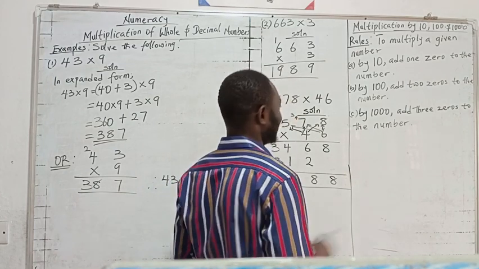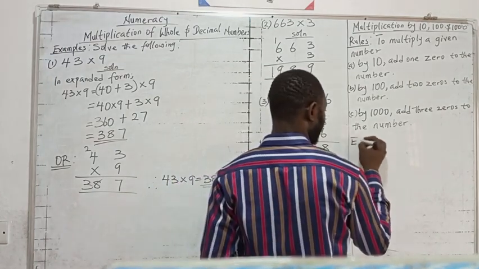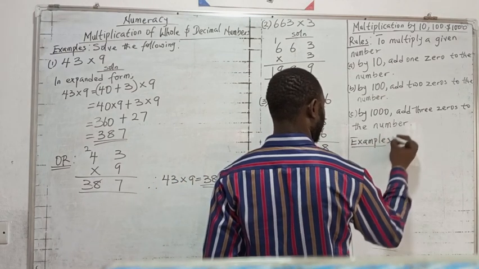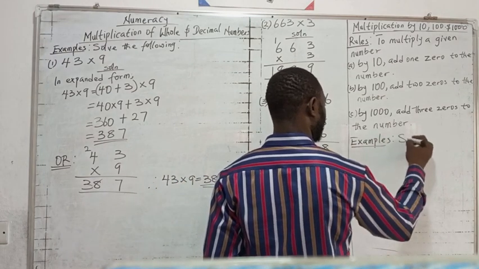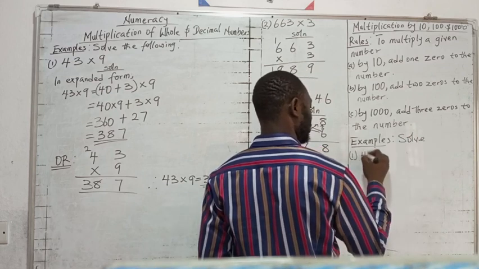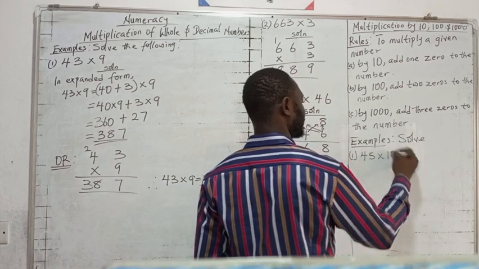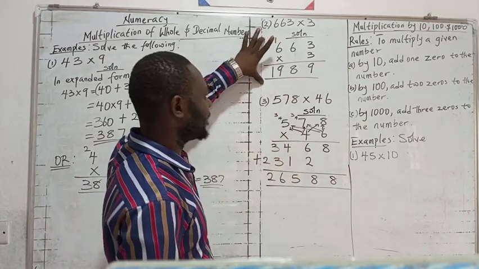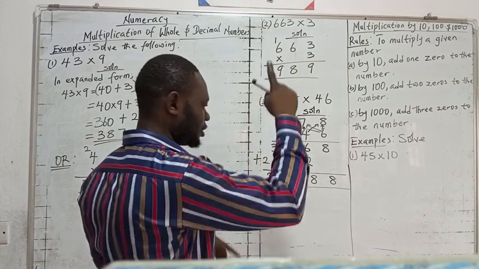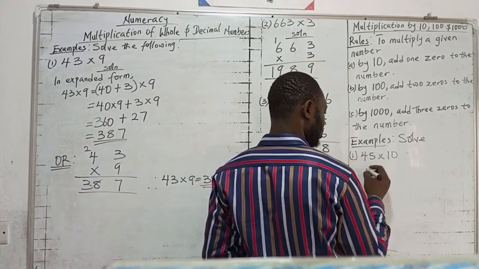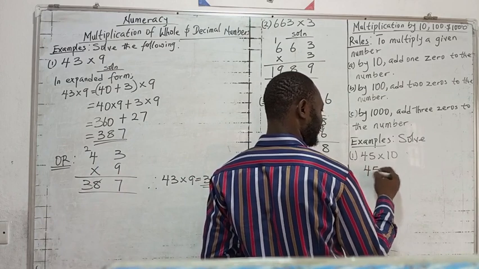So let's look at this. Examples. A very quick one. Solve 145 times 10. Now, instead of arranging it and multiplying, this simply becomes 1450.